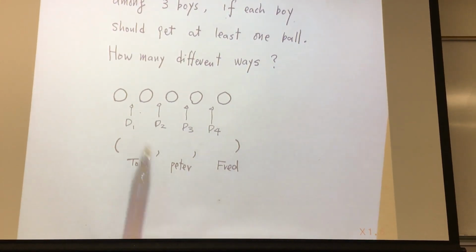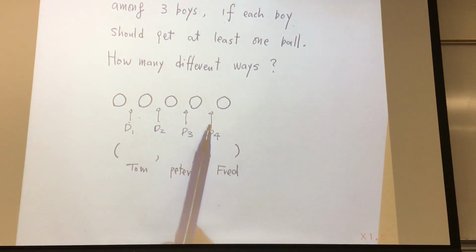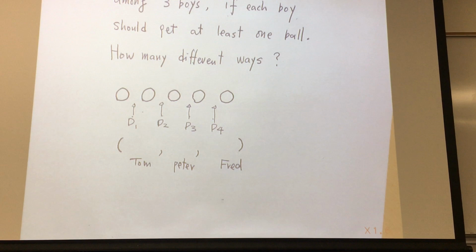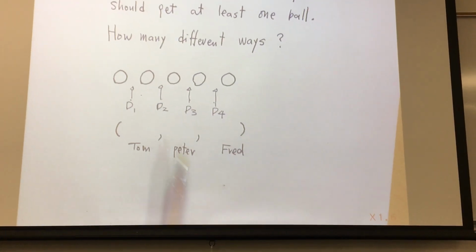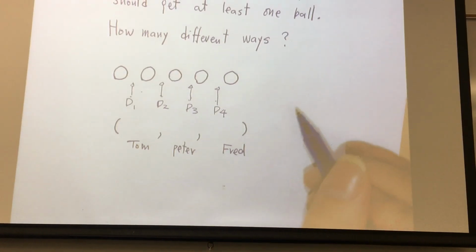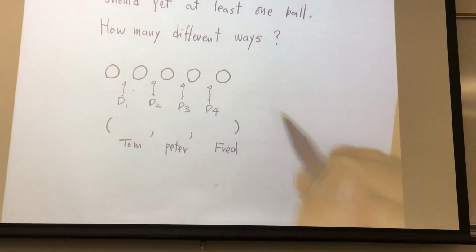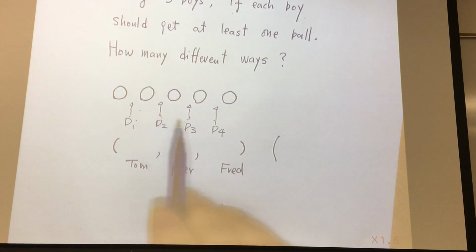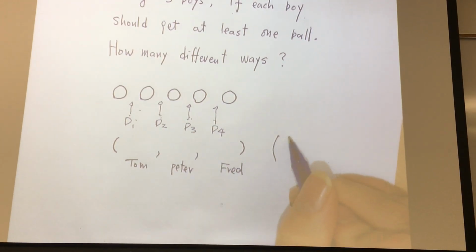Now, from 4 dividers, because I want to divide 5 balls into 3 piles, 3 groups, I need to choose 2 of them. So this is from 4.